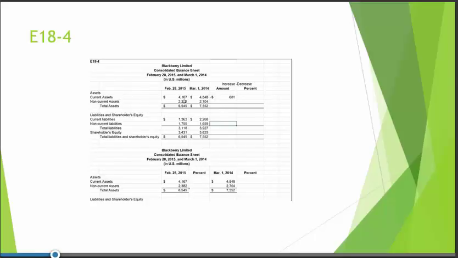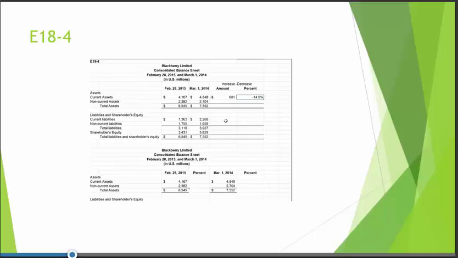So current assets this year have decreased by $681, or 681 million. These are in millions, but we'll just use the dollar amounts right now. To figure out the percentage, we take the 681 divided by 4,848, or the previous year, and it's decreased by 14%.